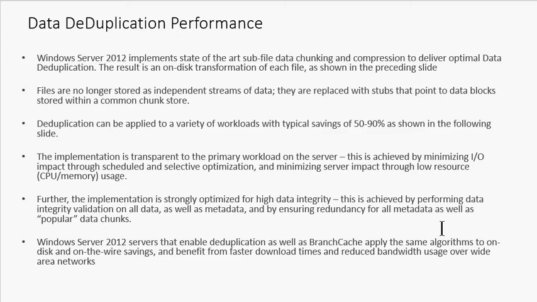Windows Server 2012 servers that enable deduplication as well as BranchCache apply the same algorithm to on-disk and on-wire savings, benefiting from faster download times and reduced bandwidth usage over the wide area network.